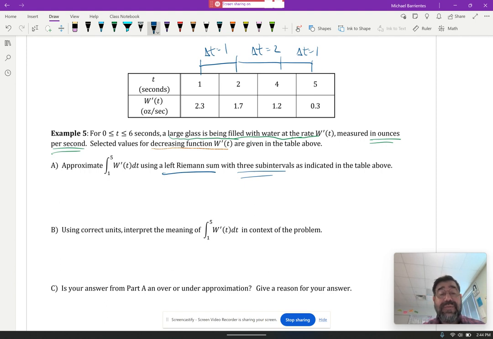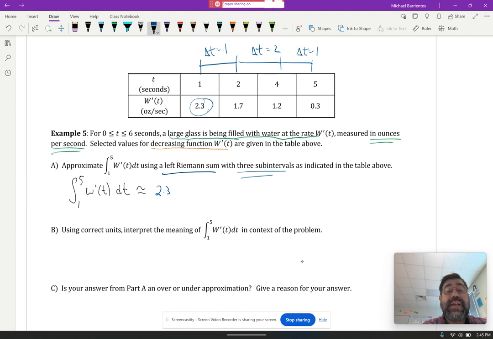If we're using a left Riemann sum, then we're going to start with this one. And I'm going to write that my integral from 1 to 5 of w prime of t dt is approximately, because this is an estimate, right? We're approximating. Let's see.